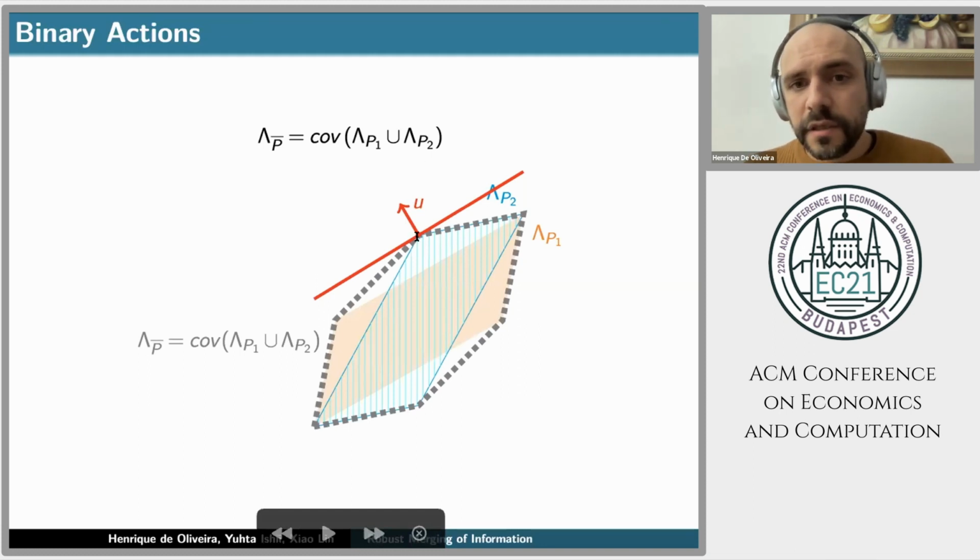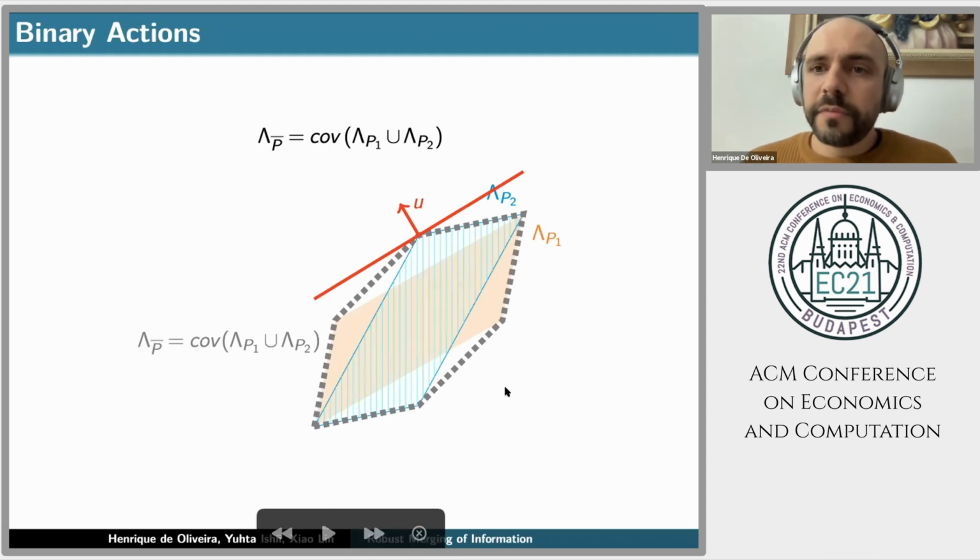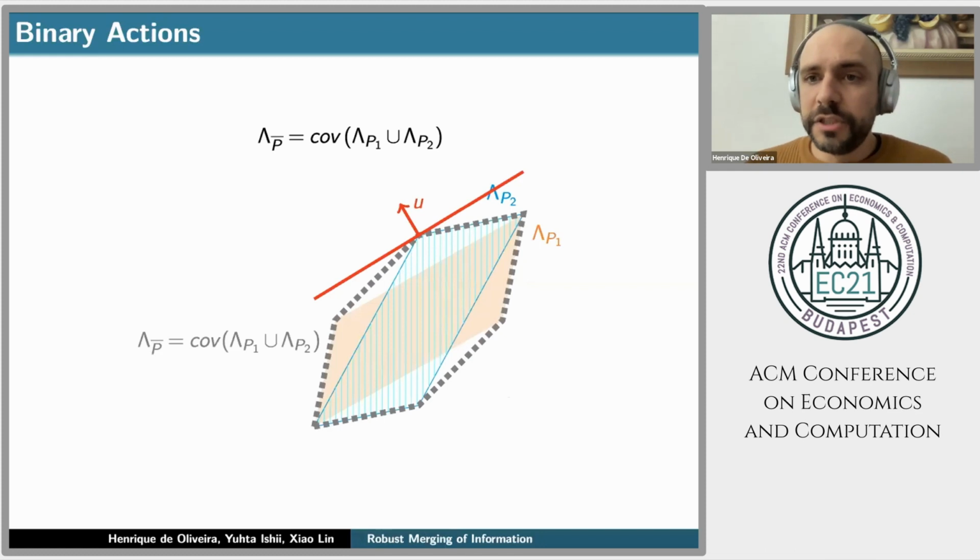In this case here, this U is maximized exactly at this point, which belongs to lambda P2. So this means that if we solve this maximization problem, the payoff that we get with the entire Blackwell supremum is equal to the payoff that we would get if we only had P2 available, right? So this is the key picture to keep in mind for this result.